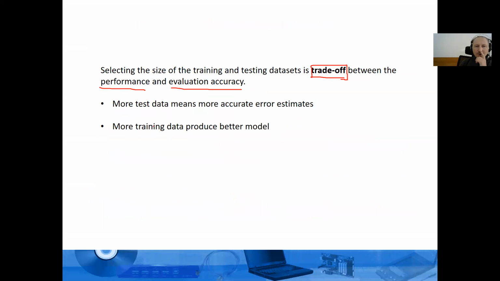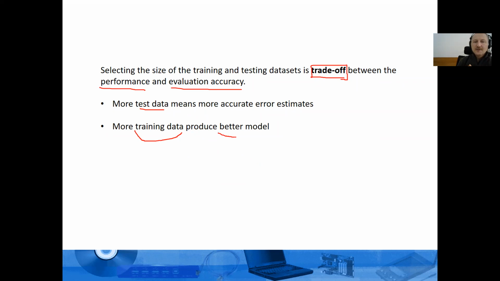This means if you have more test data, you can estimate the accuracy of your model better because you are making more tests. But if you increase the test data set, this means you are reducing the training data set. And if you are using less training data, this means you may not have enough data to complete the training of your model.